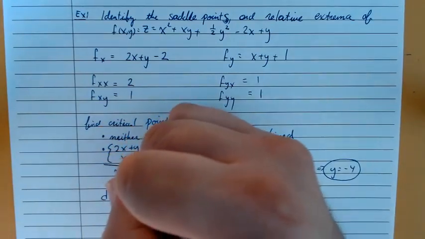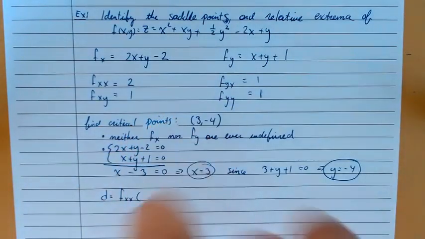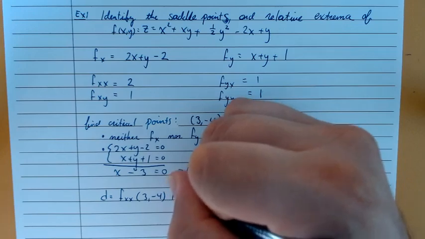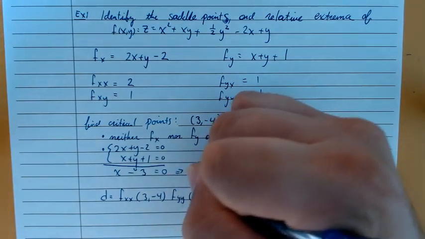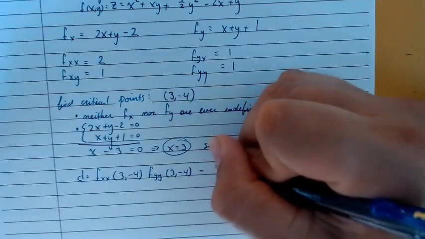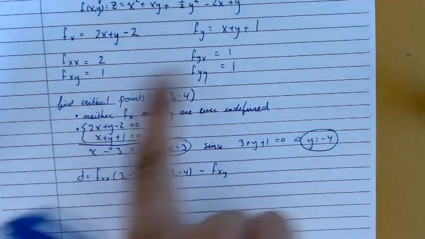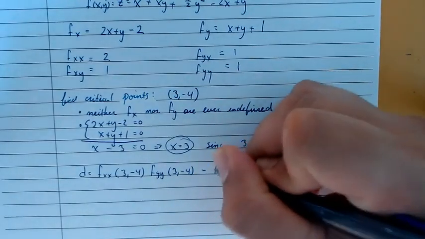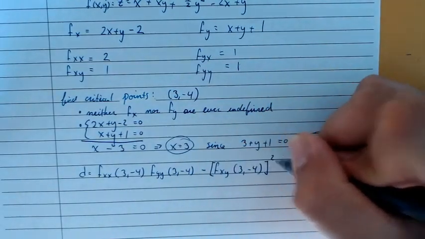So let's go ahead and give this a try here. D is equal to f sub x at 3 comma negative 4 times f sub y at 3 comma negative 4 minus f sub xy, or f sub yx, those are the same, at 3 comma negative 4, and then this last one here is squared.